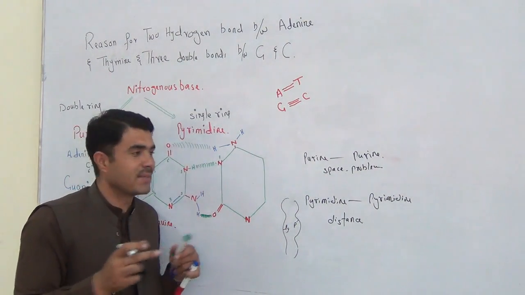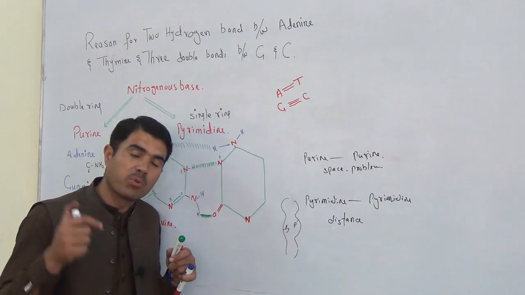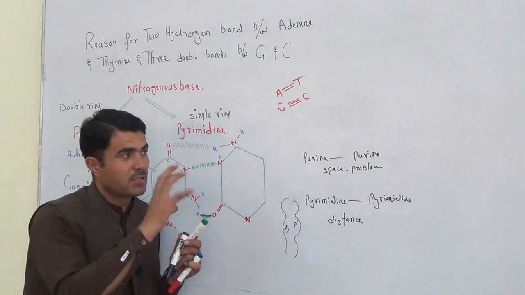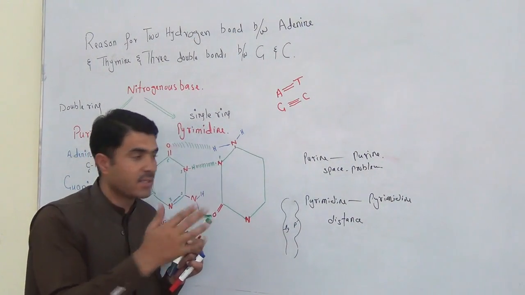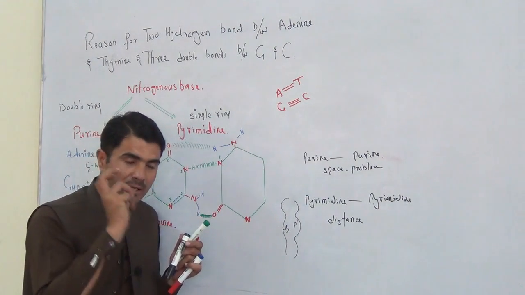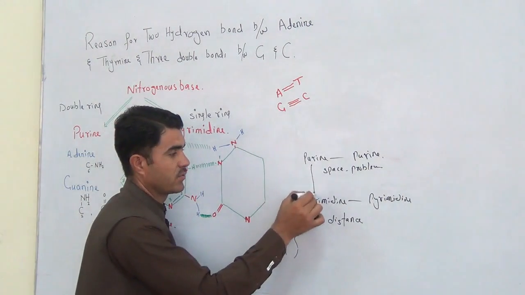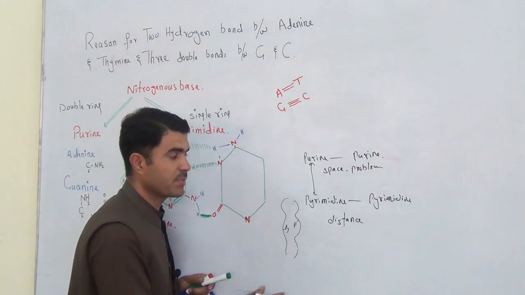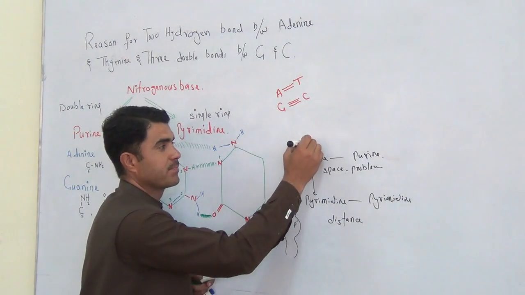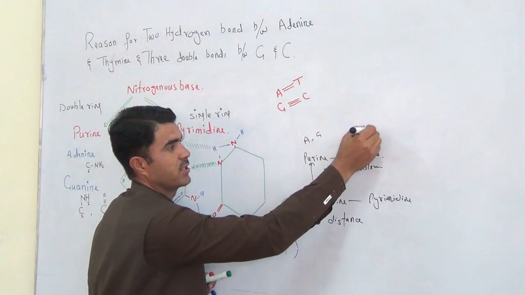So I hope you understand that these two reasons are shown in the book of Satyanarayan, why purine cannot attach with purine and pyrimidine cannot attach with pyrimidine. In reality, in the real structure of DNA, purine is always attached with pyrimidine. Specifically, purine means adenine and guanine, pyrimidine means cytosine and thymine.